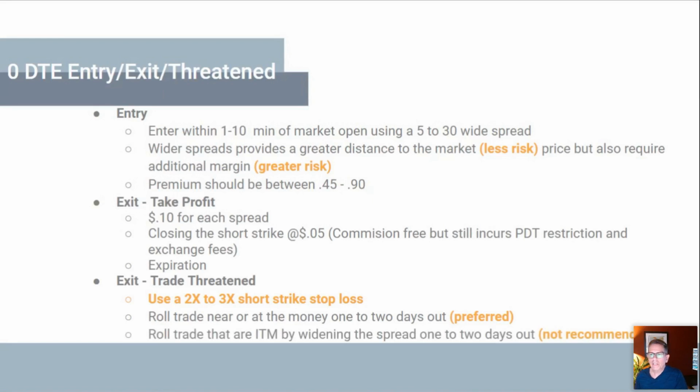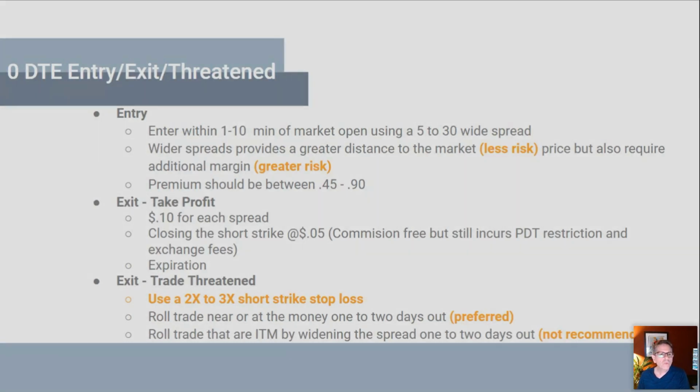Okay. All right. So also, one of the things that you really need to stick by is not allowing these trades to go in the money. You always want to manage a threatened trade that's out of the money, and we'll have some criteria to go through that.